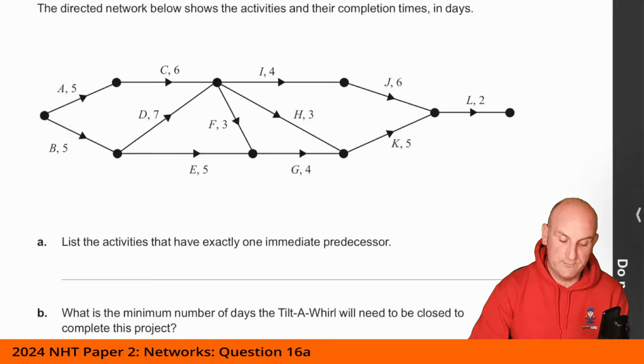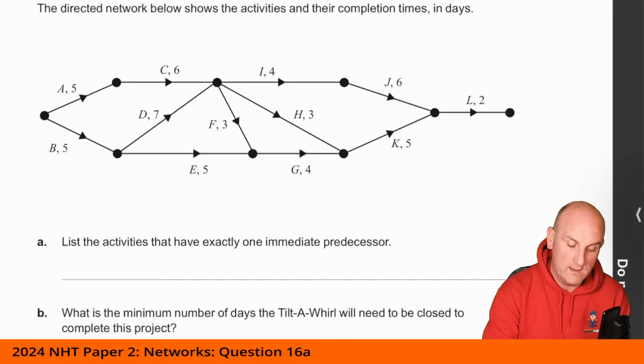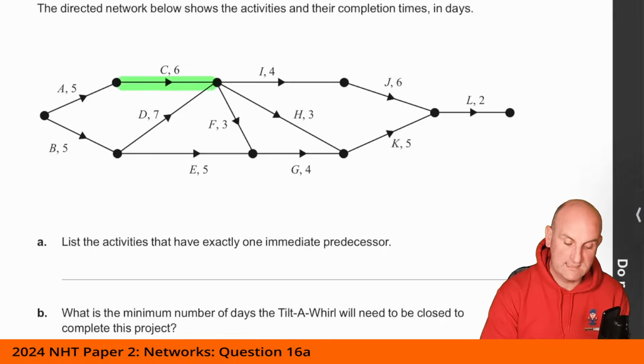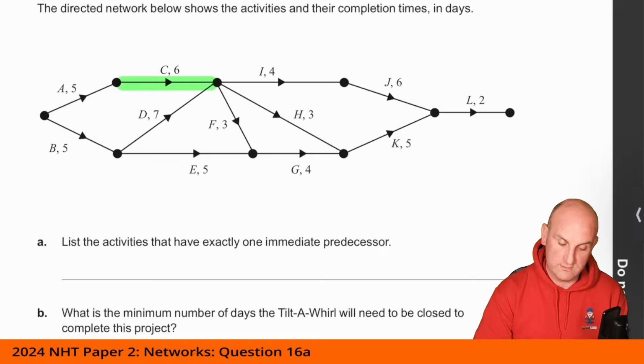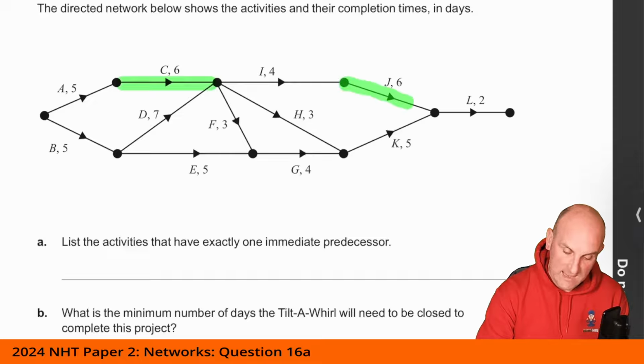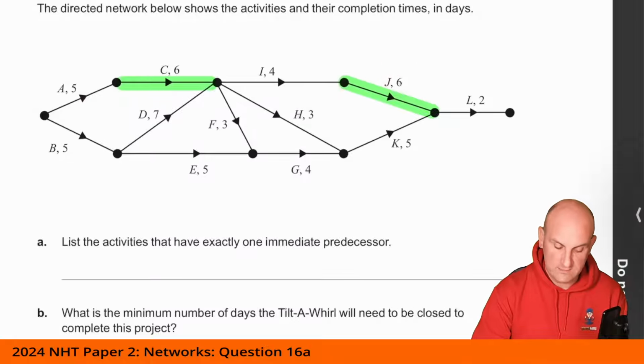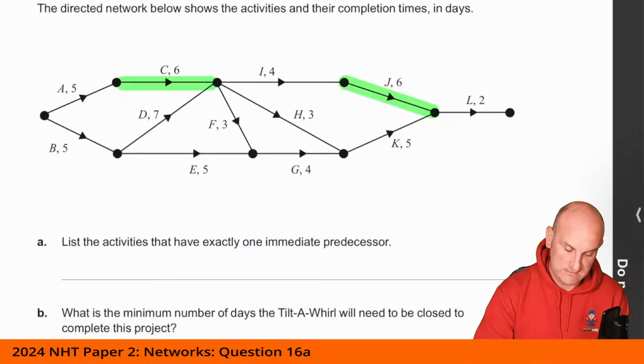All right, one immediate predecessor means that only one line is going in. So C only has one line going in. What else? J only has one thing going into the dot. And that's what I'm saying. There's only one line going into that dot. So C has an immediate predecessor. What about anything else?